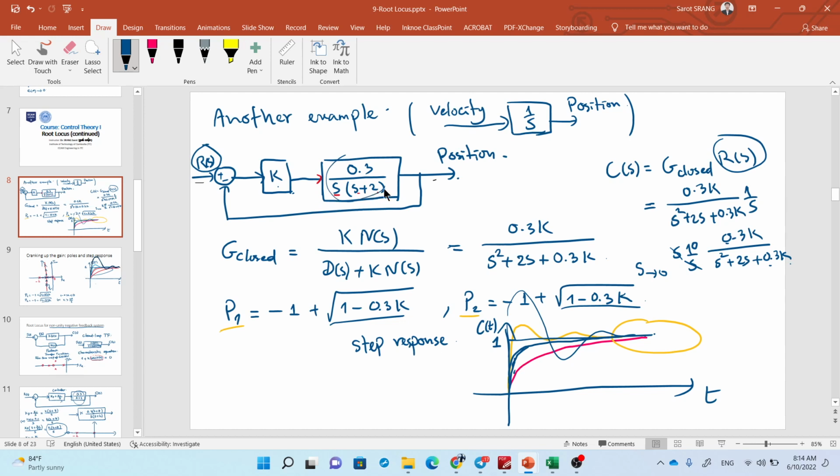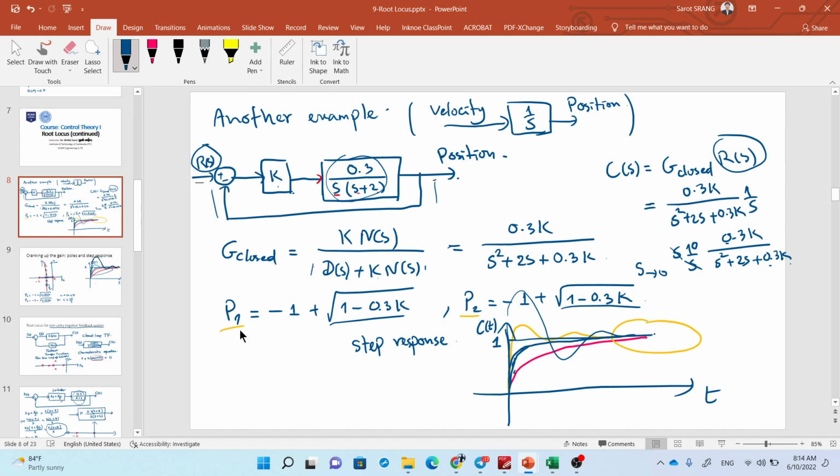So here this one is the transfer function of the open loop, but once we make a negative feedback, we have a closed loop transfer function, and the closed loop transfer function has a denominator like this. When we increase the value k, we have different roots of the denominator, which are called poles.